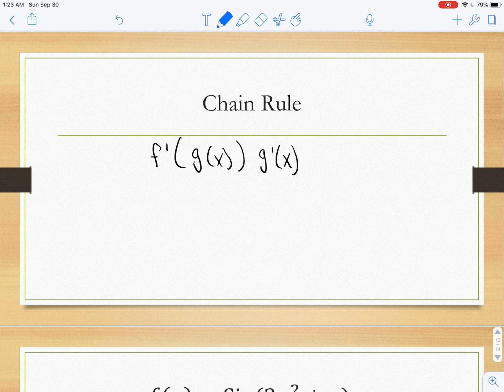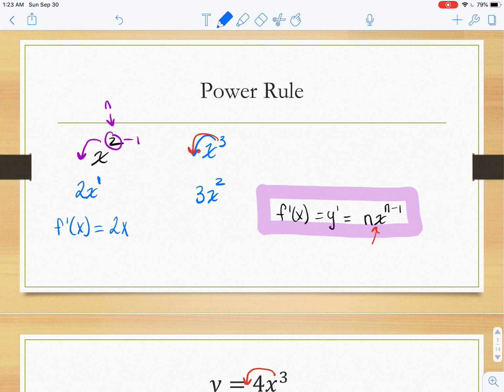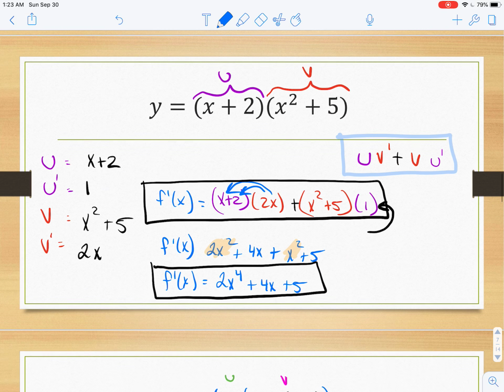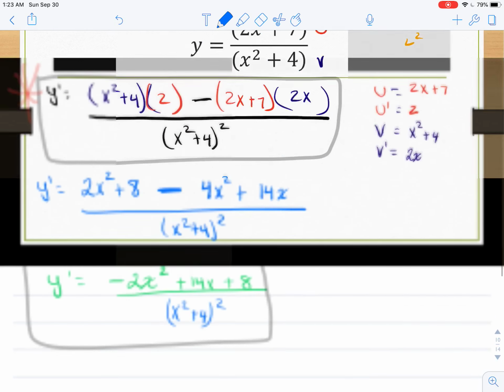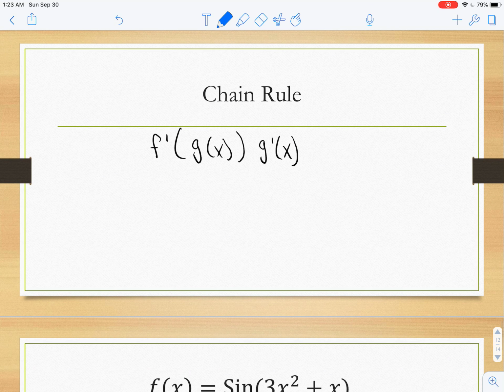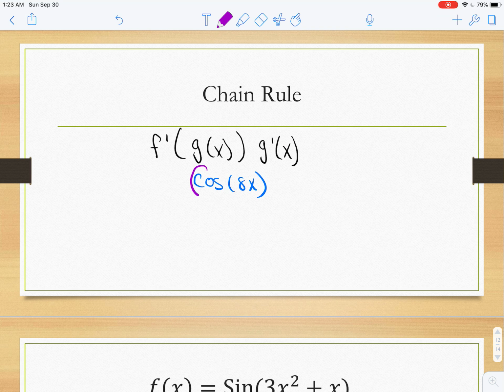Okay, so as I said before, was it negative cos I did? Yeah, cos 8x. Alright, so I had cos 8x. Right? So the first thing for this part is taking the derivative of this cos, which will give you a negative sine of x, right?